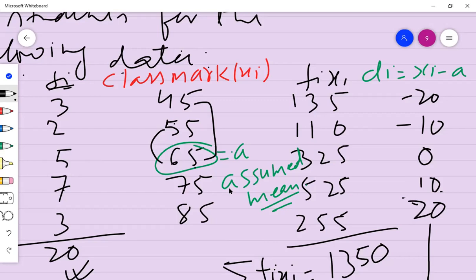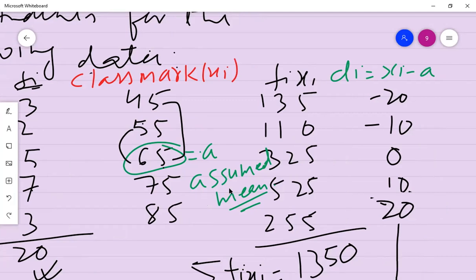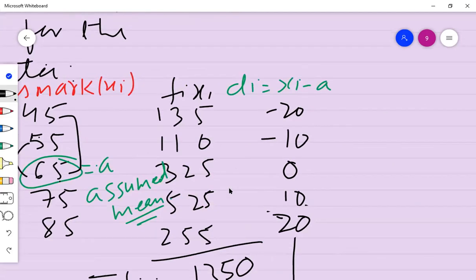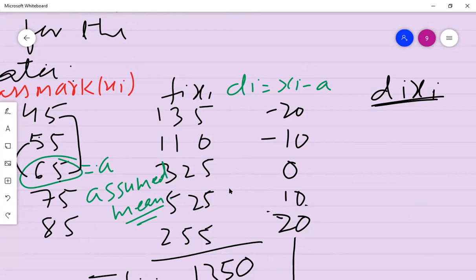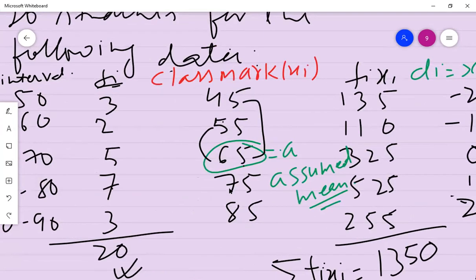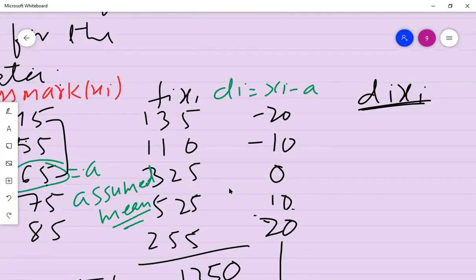So now in the next column, we find fidi. Not dixi, it is actually fidi.